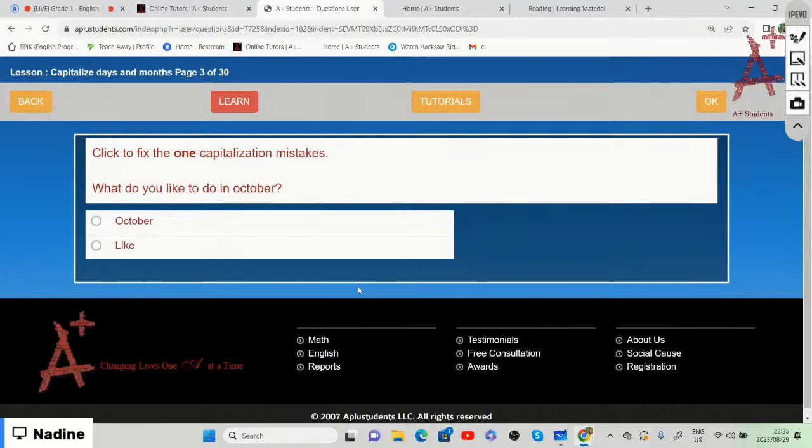So is it October or like? We need to choose the capitalization mistake within that sentence or question. If we choose it, we will say it is October, because October is a month of the year, and we see that we capitalize days of the week as well as months of the year.